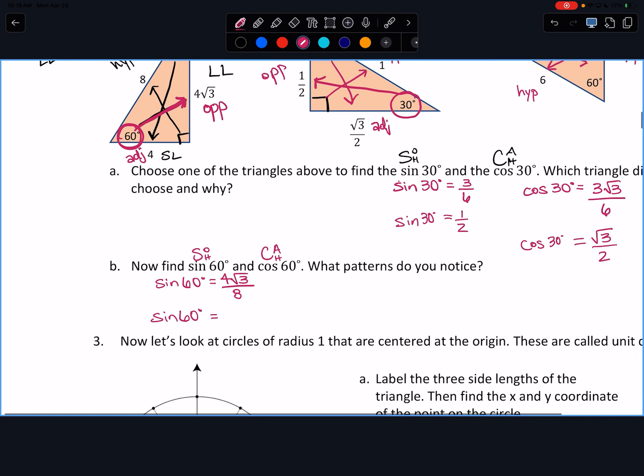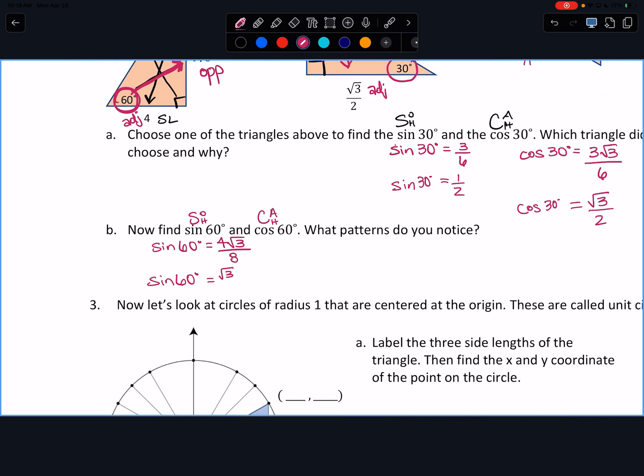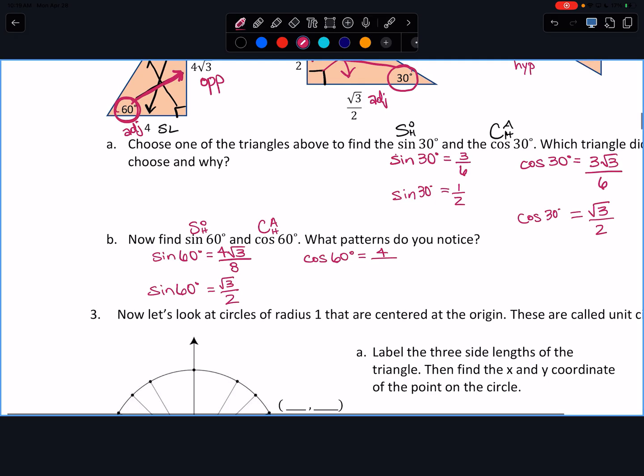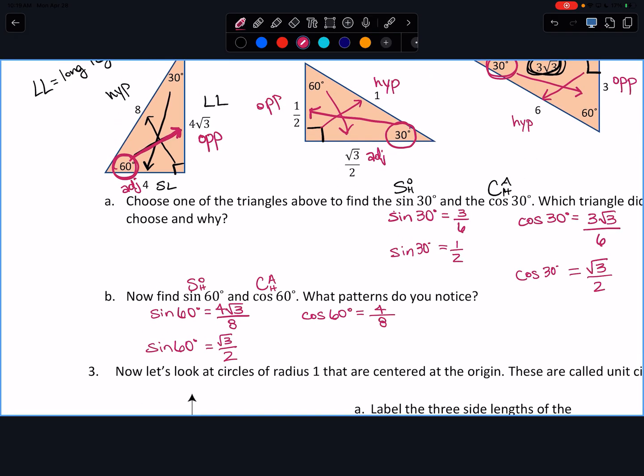Yeah. 4 over 8 is 1/2. So we get 1 times square root of 3, which is square root of 3, and over 2. Okay? Cosine is adjacent, which is what? 4 over 8. 4 over 8 is 1/2.